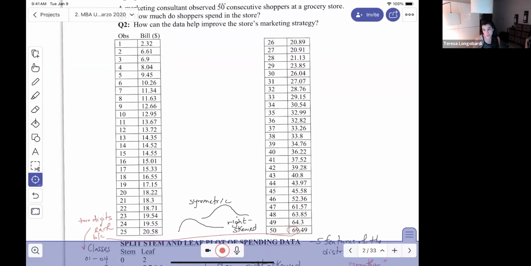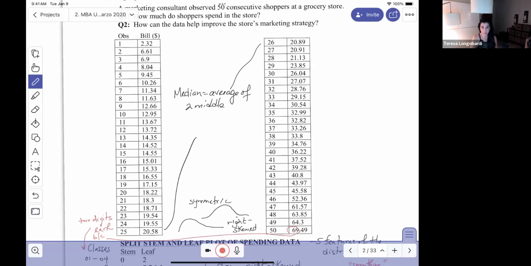Is there a middle observation? So you feel uncertain, right? Because there are two middle observations here and here. What we have to do for the median when there is not an exact middle is average the two middle observations.